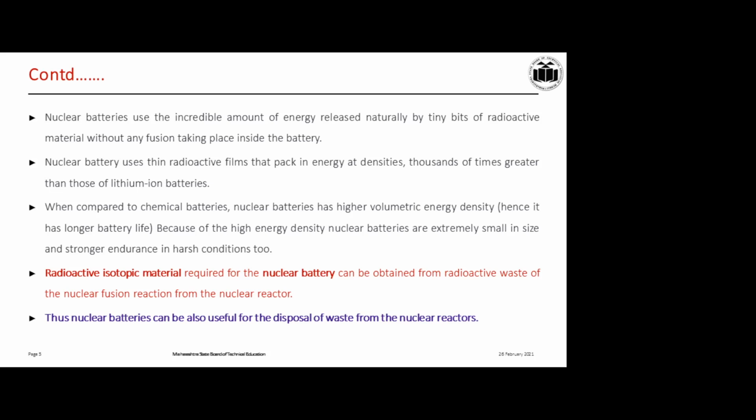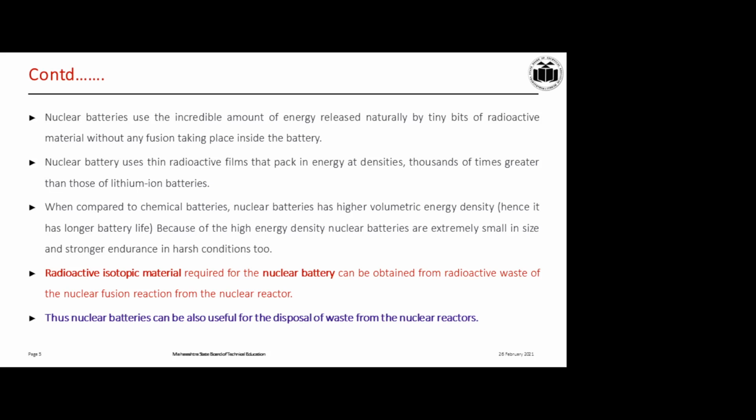The radioactive isotope material required for this nuclear battery can be obtained from the radioactive waste of the nuclear reaction in a nuclear reactor. Whatever waste is generated during the chain reaction used in the nuclear reactor acts as the radioactive material to make a nuclear battery.